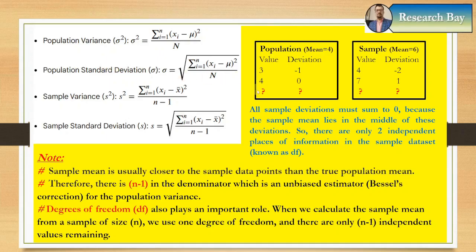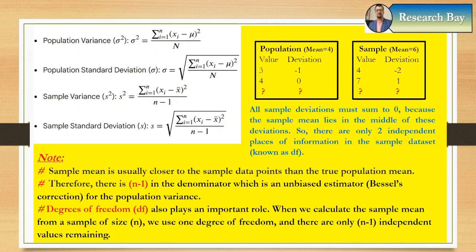Now let me give you one example over here. If you see closely, if we look at the population, the entire set of people or respondents in the population, and we know the population mean is 4.